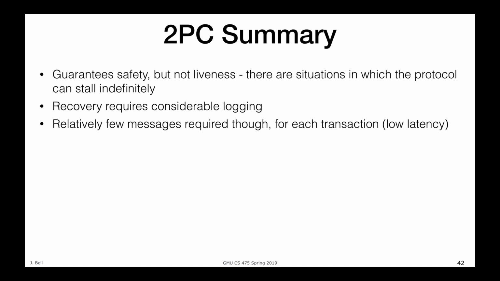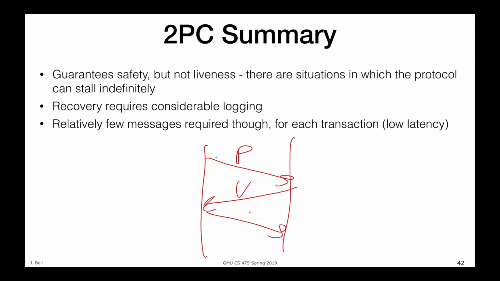Two-phase commit really doesn't require very many messages. Each transaction, to start it and then to get to it completed, requires just a few exchanges, right? We have this prepare, and then we have a vote, and then we have the outcome. So talking about latency can be important, because remember that we're talking about having these timeouts in terms of how long we wait for this response before we give up.